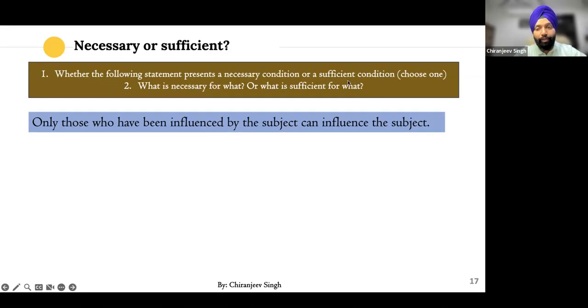Okay, so Manvi, you're saying necessary. So what is necessary for what here? You can just type it out, and others can also share their answers in the chat window.